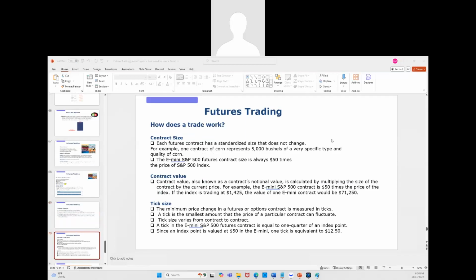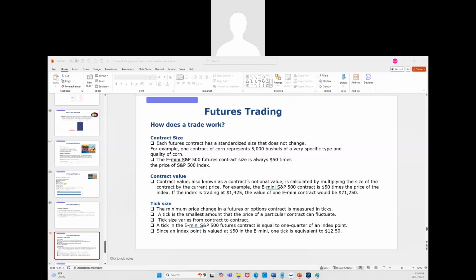For example, if you're trading agriculture, you want to trade corn, 5,000 bushels of a specific type and quality of corn remains 5,000 bushels for a contract. And if you're trading the indices, for example, E-mini S&P 500, the futures contract is $50 times the price of the S&P 500 index.